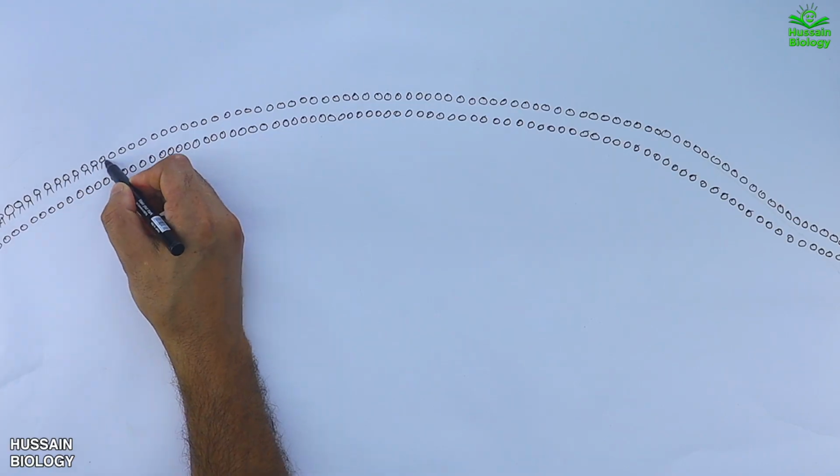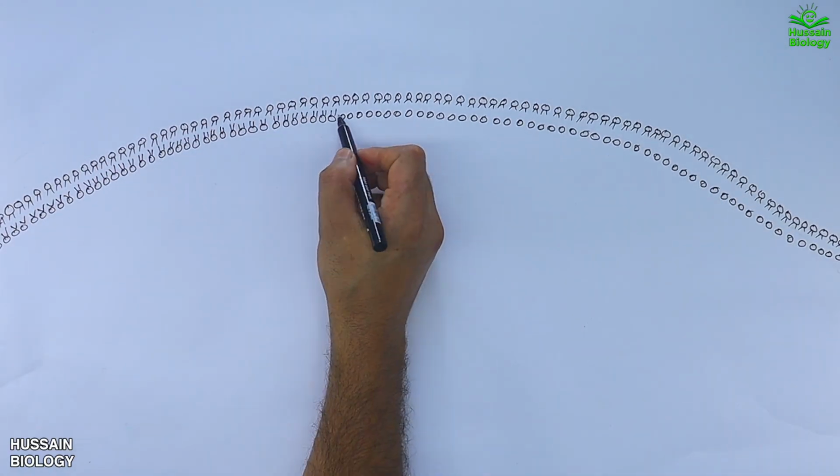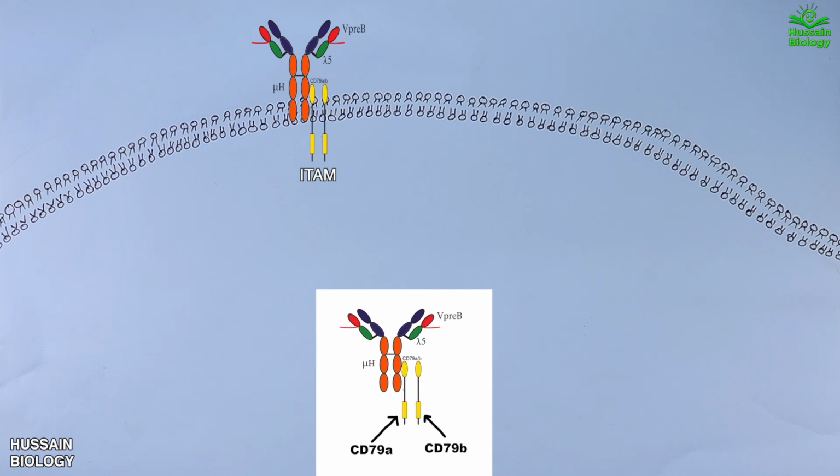Here we see in this diagram we have the plasma membrane of the pre-B cell. On this plasma membrane we have the Pre-B Cell Receptor complex embedded in the membrane. This complex is made up of mu heavy chain paired with surrogate light chains VPREB and lambda 5. And the important signaling molecules are CD79A and CD79B.